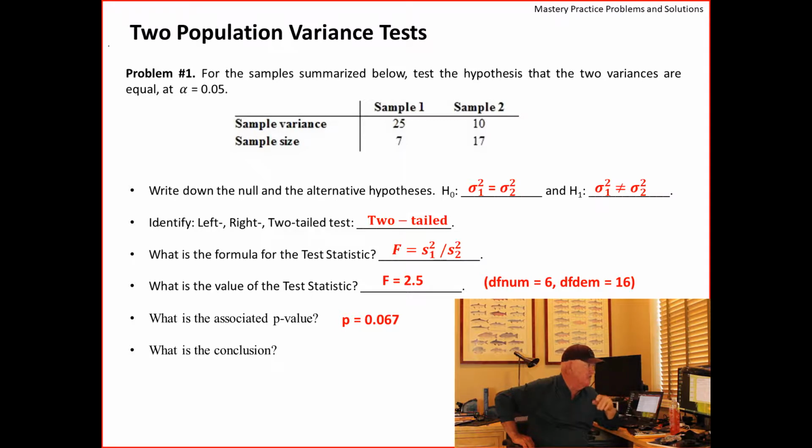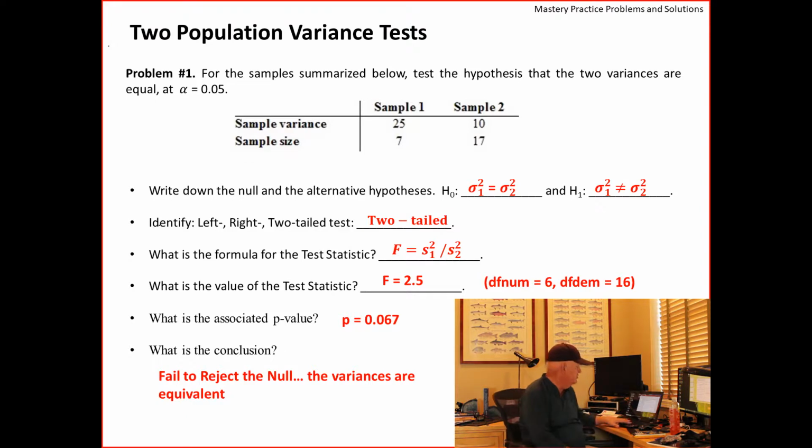But it's 0.025, so I'm comparing that 0.067 to 0.025, and as you can see, p is bigger than 0.025. That means you fail to reject the null hypothesis, and the variances are effectively equivalent. You might say there's no evidence that they aren't equivalent.